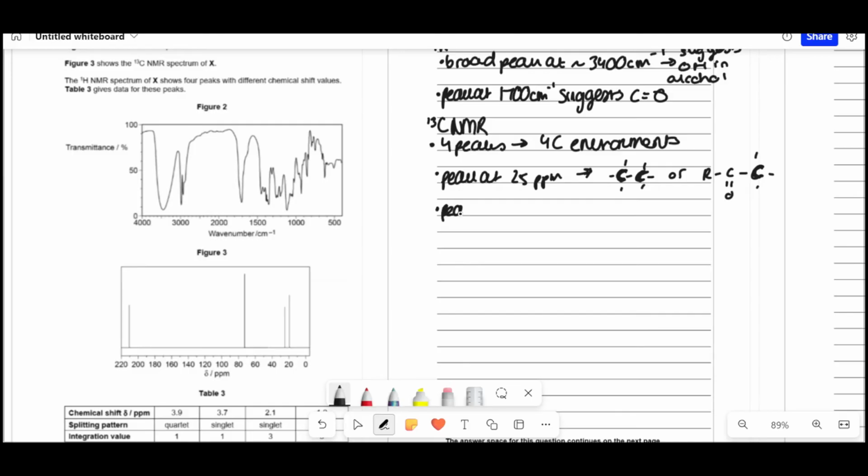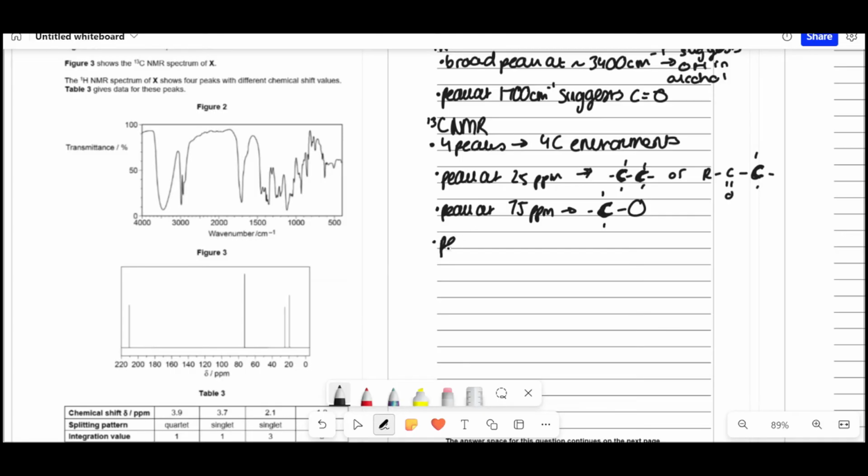So we've got a peak at around 75 ppm now. If you look at our data sheet, what lies in the range of 75? That one is a carbon bonded to an oxygen like that. So that could be an alcohol, it could be an ester or an ether, any one of them. Fine.